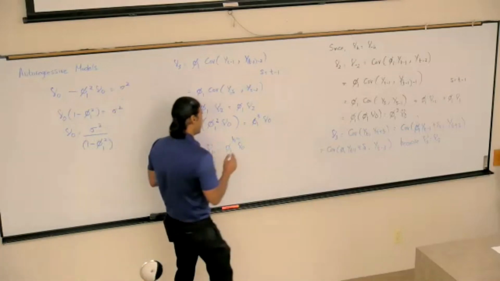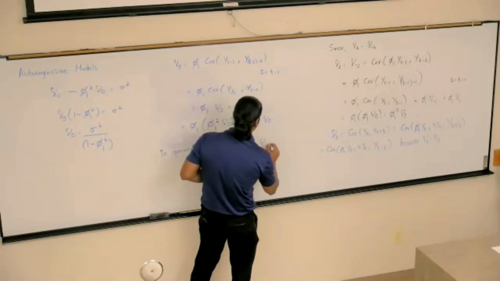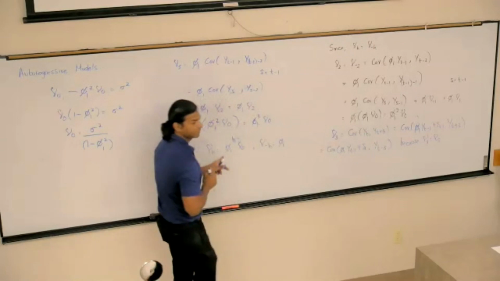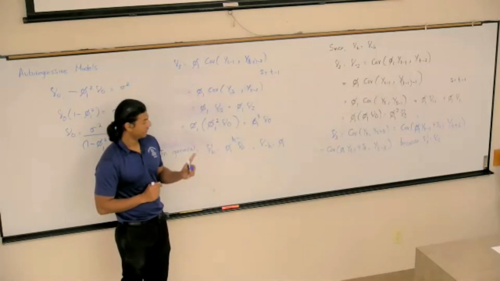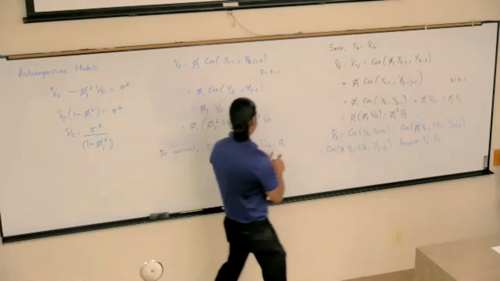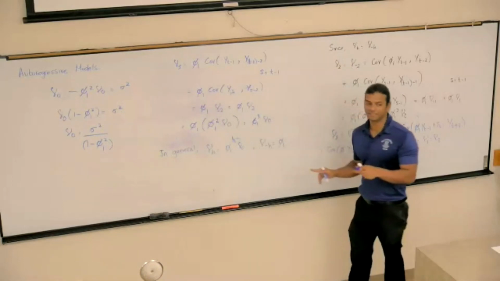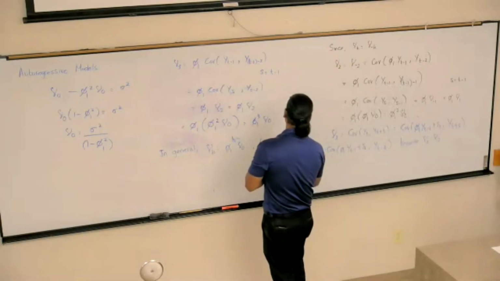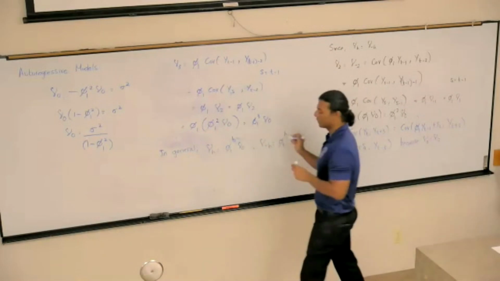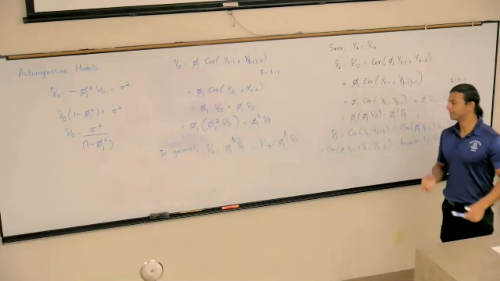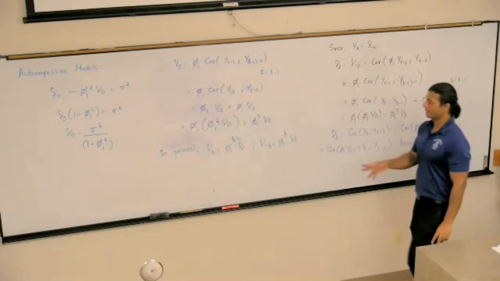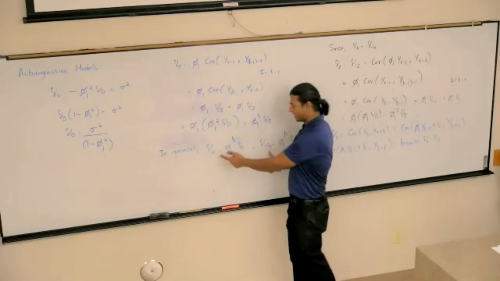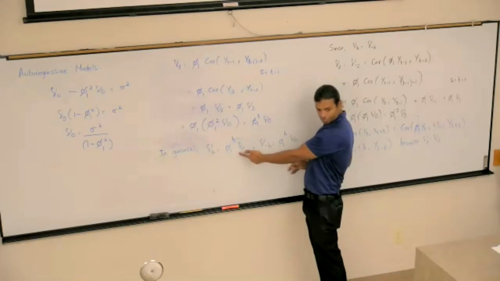But we know this also equals the one for negative h. Correct. But we can't put phi 1 raised to negative h. That doesn't make any sense. So it still has to be phi 1 raised to h gamma naught. Reason being, these two must be the same. If that is the case, these two should remain the same.